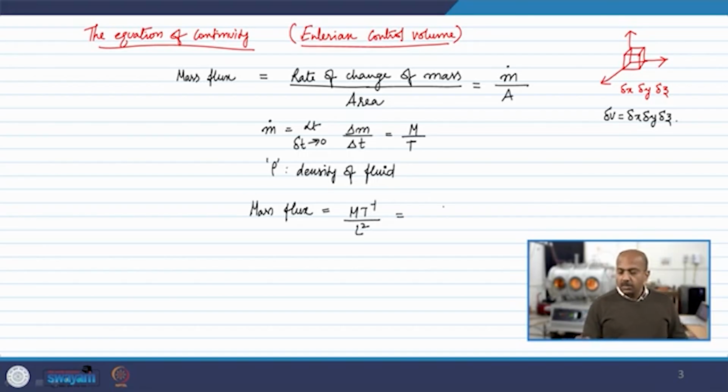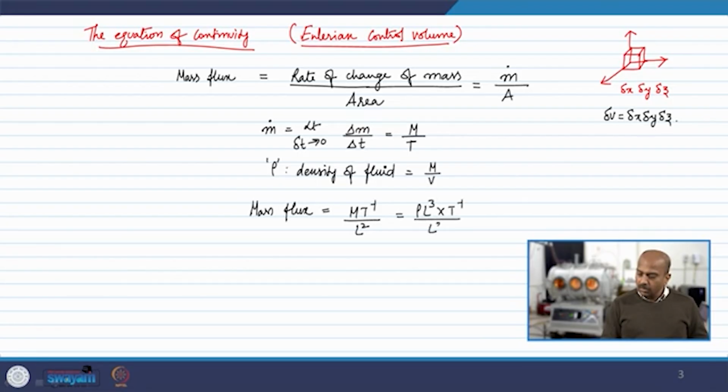Density is nothing but mass per unit volume, so mass can be replaced as rho times L cube. So, this can be written as rho L cube times T power minus 1 divided by L square. So, the mass flux is rho L T power minus 1. This is the velocity of the fluid, so it can be written as rho times u.